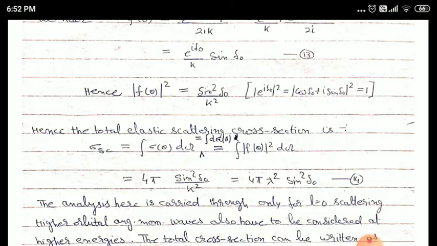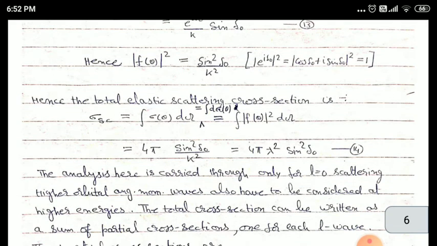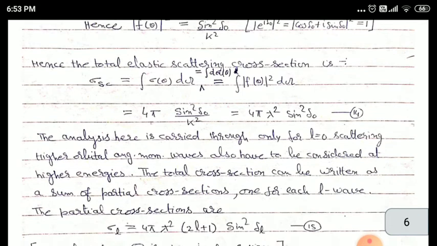Since we know that the total scattering cross section will be equal to the integral sigma(theta) multiplied by d omega, or equal to integral d sigma(theta), this will be equal to integral modulus of f(theta) square multiplied by d omega. Now, by putting the value of modulus of f(theta) square in this equation, we will get sigma sc is equal to 4 pi sin square delta 0 upon k square, or 4 pi lambda cross square sin square delta 0. This is equation number 14.